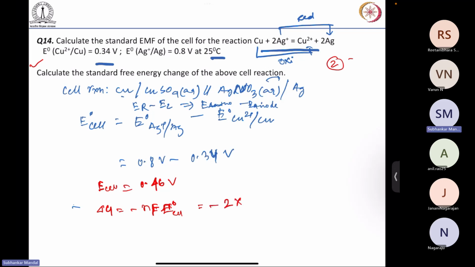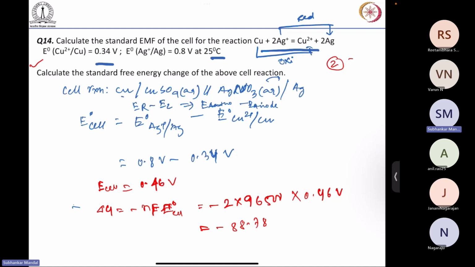So minus 2 times F times 0.46. Mine is minus 88.78. Yes, okay.